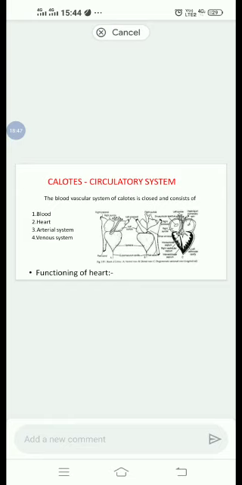The left half of the sinus venosus receives the left precaval vein. The sinus venosus opens into the right auricle by a sinoauricular aperture. This aperture is guarded by sinoauricular valves. This is the sinus venosus.